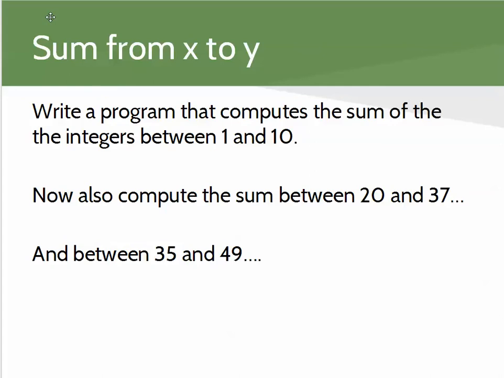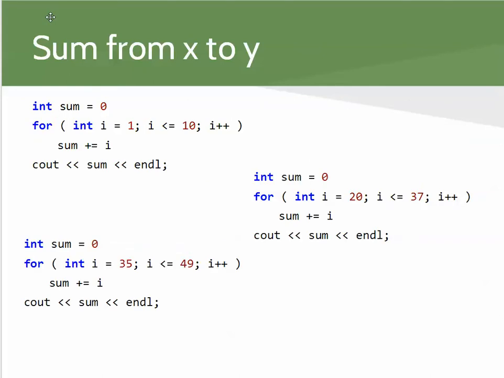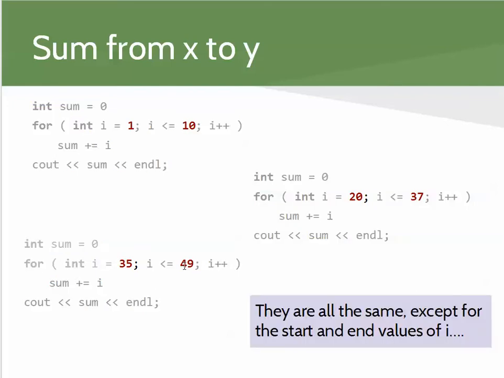So if we switch back to the slides, to kind of drive this point home, I've got the full code written for all three. We can see the comparison very easily. We've got the first sum through 1 through 10. We've got the sum through 20 to 37 and 35 through 49. And we can really clearly highlight what's changed.